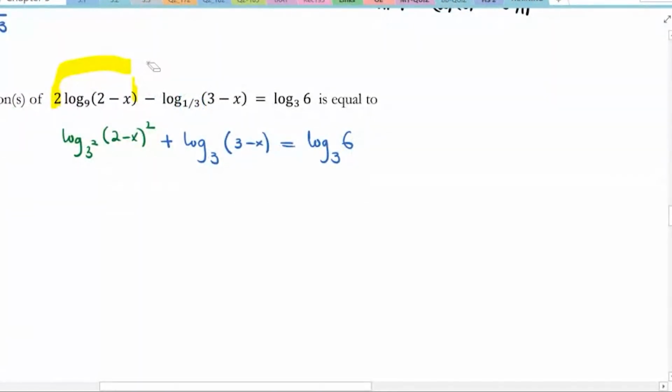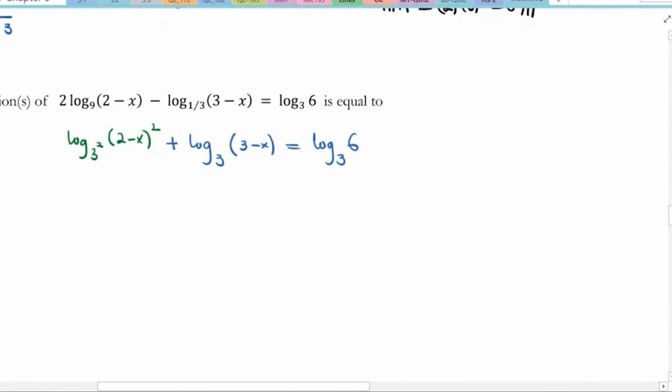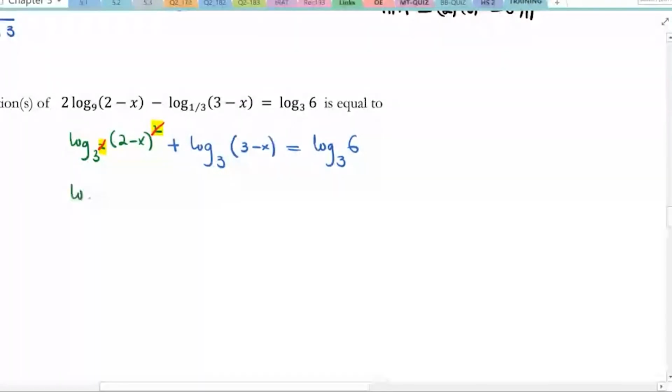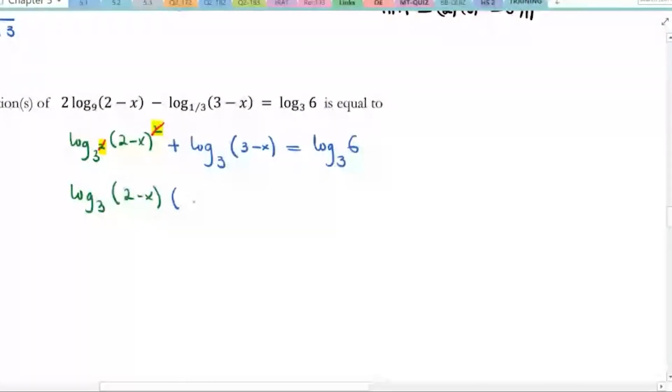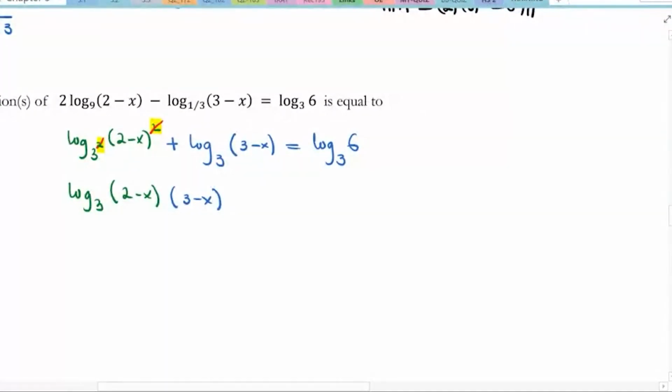Okay, that's good. Now here we have the power to be 2 and the power here has to be 2. The 2 powers will go with each other, because if you take this one up, it becomes the reciprocal. So this is going to be log base 3 of 2 minus x, multiplied, gentlemen, by 3 minus x. Why am I doing that?